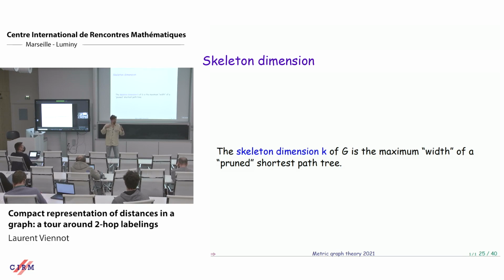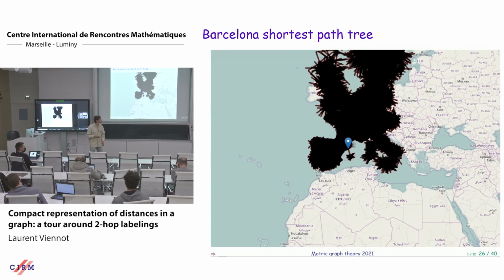So if you can build shortest path trees for your graph such that when you remove the furthest away part of your tree, at any distance you have few branches. So maybe it's hard to explain, but it's easier to see, I think.